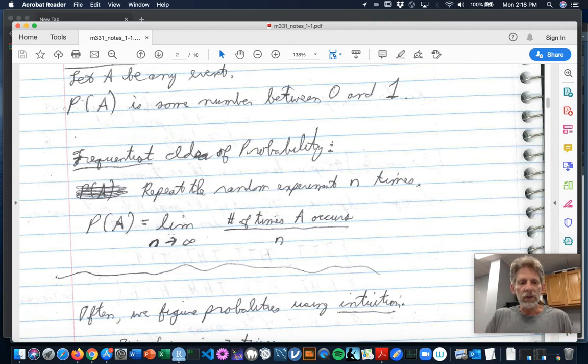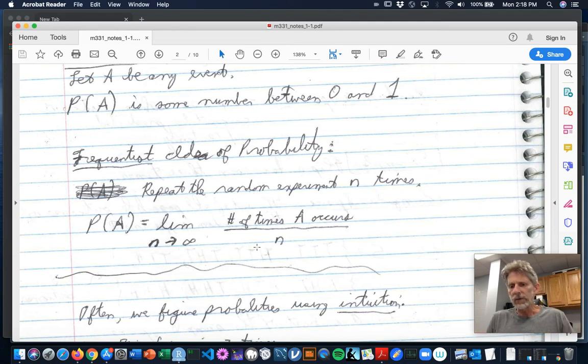If you were to somehow take the limit as n goes to infinity of such proportion, then you would get the probability of A. Okay, so that's the frequentist notion of what the probability ought to be.